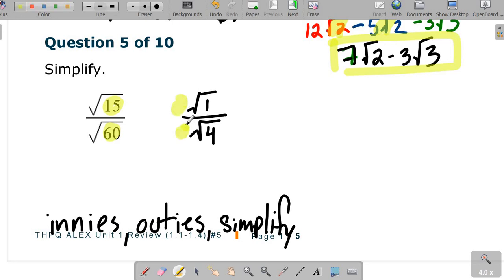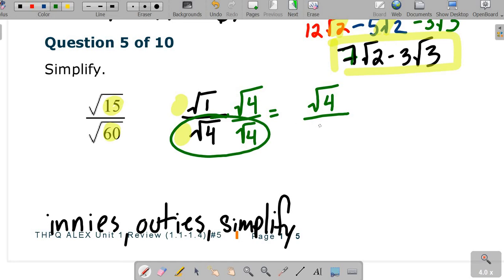There are no outies. You want to get rid of the radical on both top and bottom. Any radical times itself is just a number on the inside. Okay, you're not done here because root 4 is perfect. Square root of 4 is 2 over 4. Ultimately, you're going to get 1 over 2.